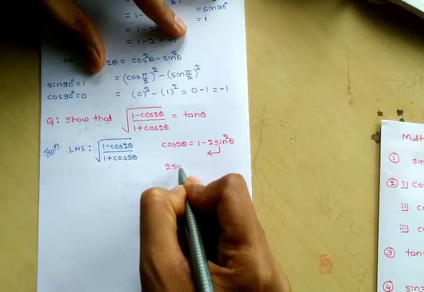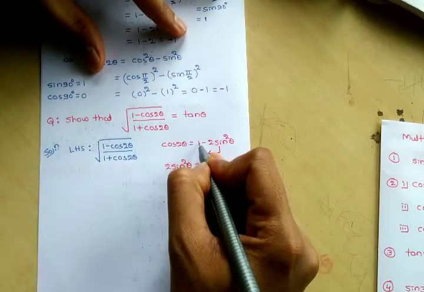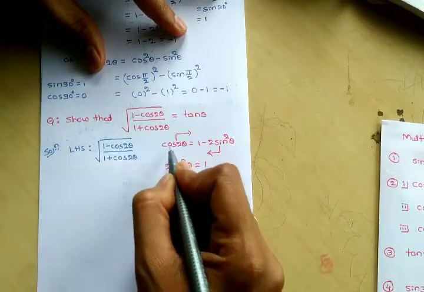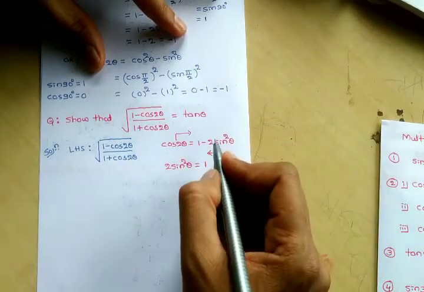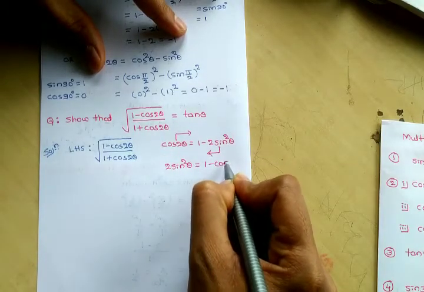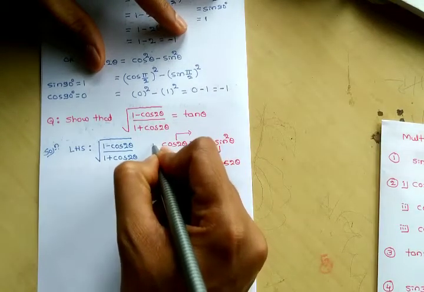Plus 2 into what here? Sin square theta is equal to, this one I am going to keep as it is. Next I am going to shift plus cos 2 theta to the right hand side, so that time plus becomes what here? Minus cos 2 theta. Correct? So this is the first one.